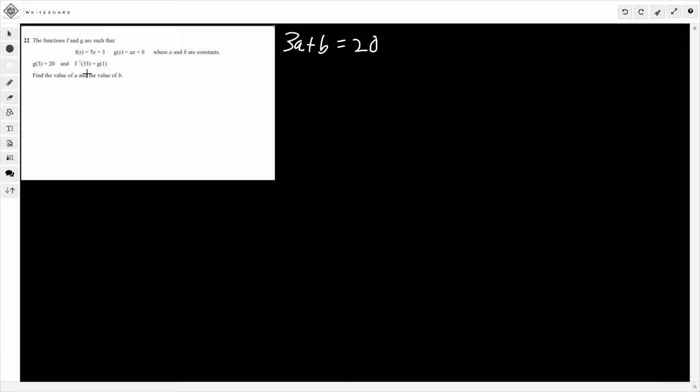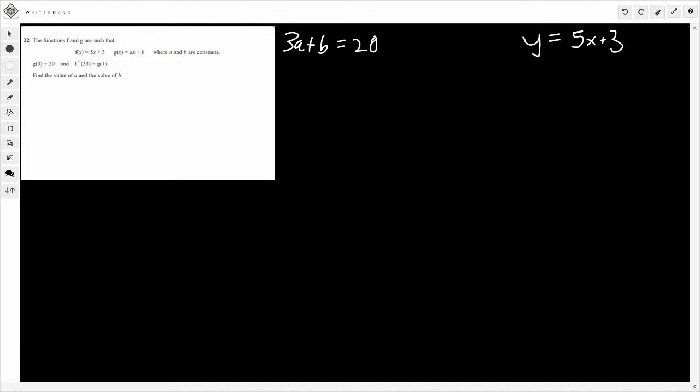We're also told that f inverse of 33 is equal to g of 1. So we're going to need to work out the inverse of f of x here. You need to know how to work out the inverse. So f of x here being equal to 5x plus 3, let's work out the inverse. The first step that I like to use is to make it y equals. So it's y equals 5x plus 3.